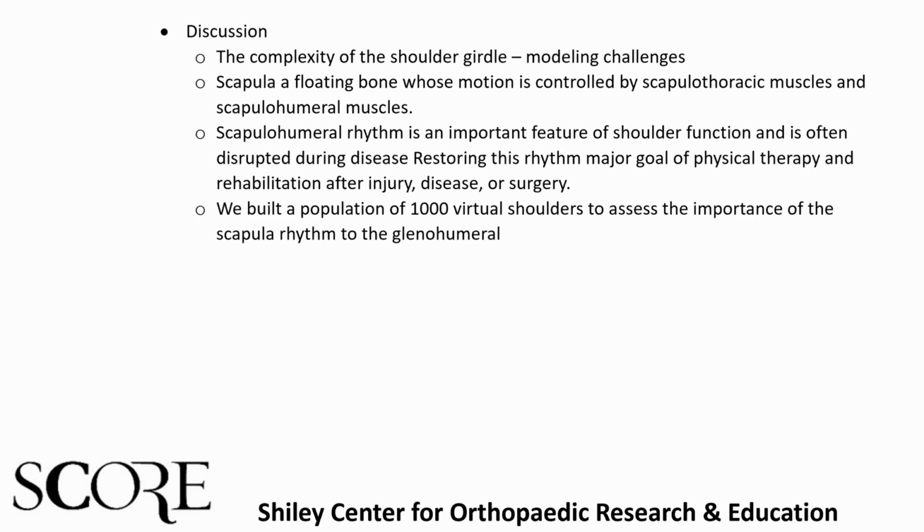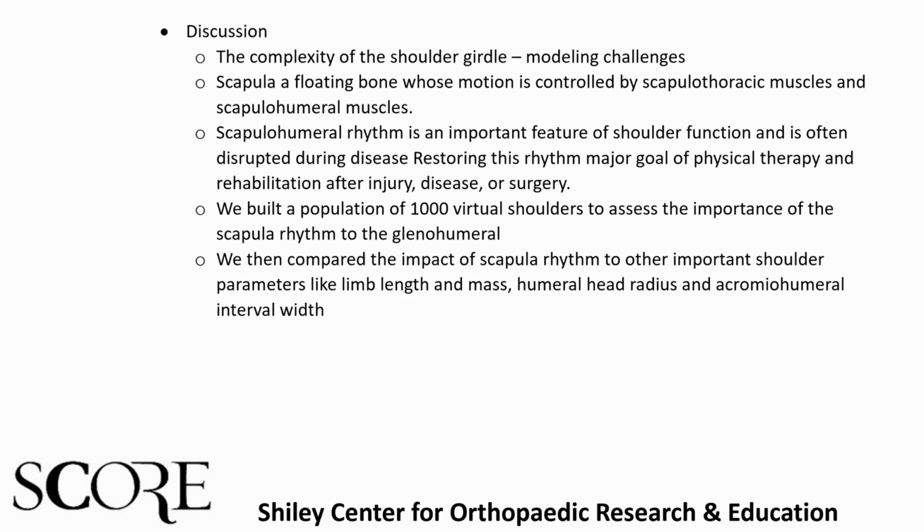And then the importance of the scapulohumeral rhythm, and how it can be disrupted during disease, and how important it is to restore this rhythm to a normal range, is a major goal of rehabilitation after injury. So it was interesting to see how important it was relative to the other input parameters.